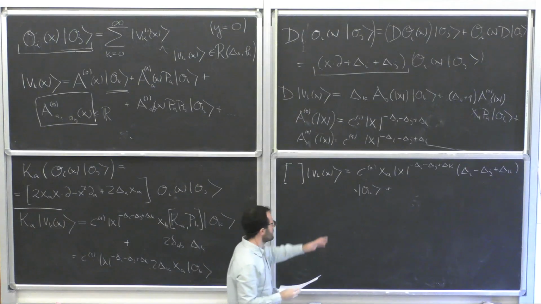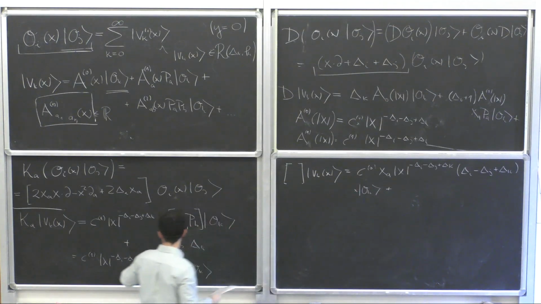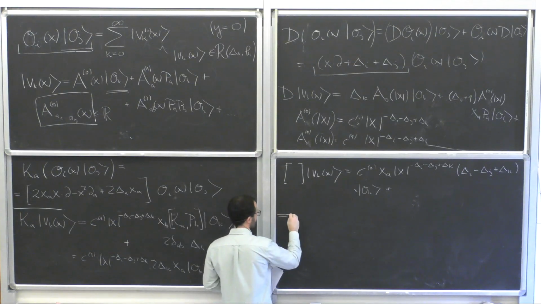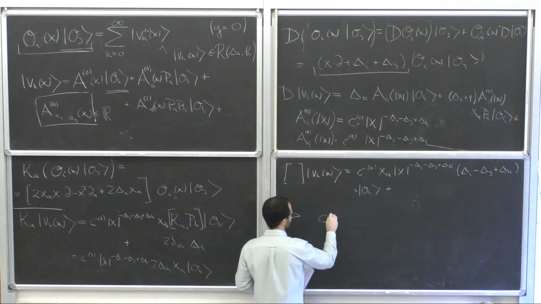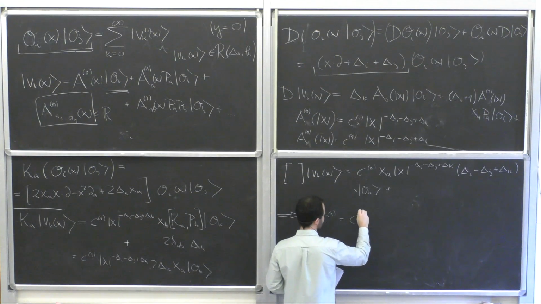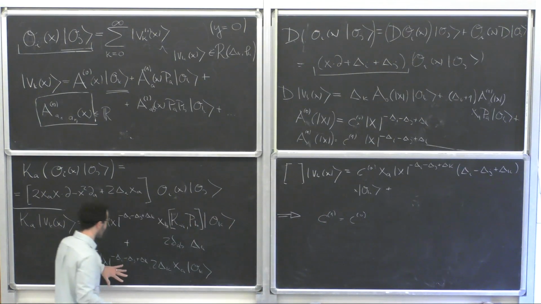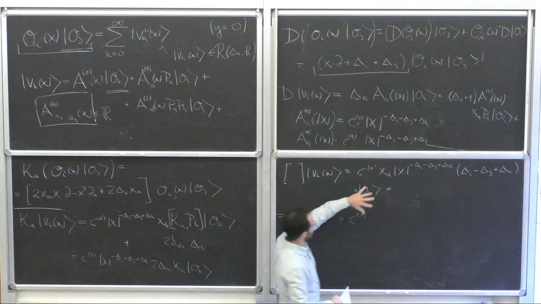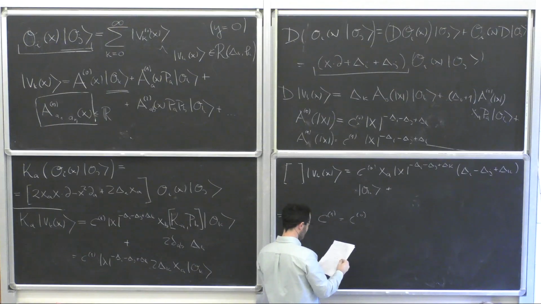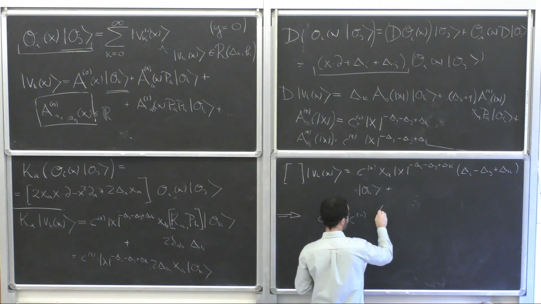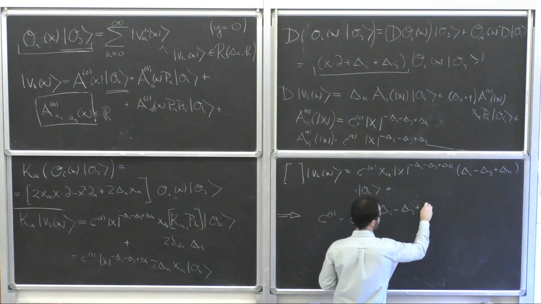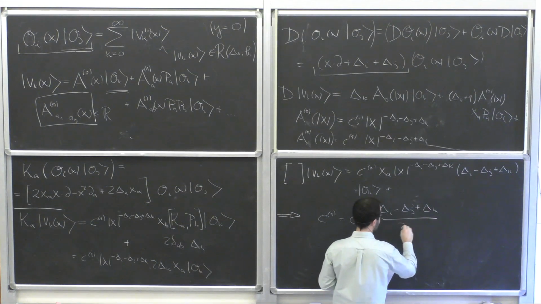On the left-hand side, we get a C0. On the right-hand side, we get C1 multiplying the primary. So this allows us to determine C1 in terms of C0. We just compare this with that. So C1 is C0 times delta I minus delta J plus delta K divided by 2 delta K.